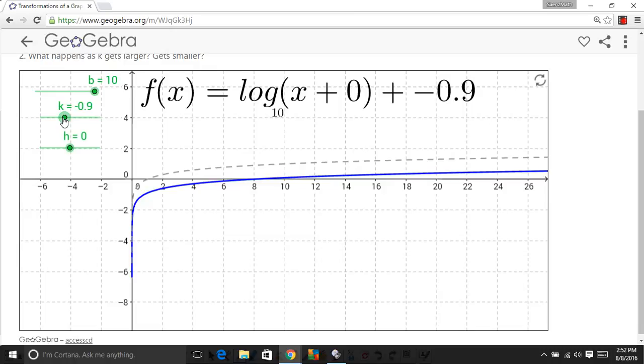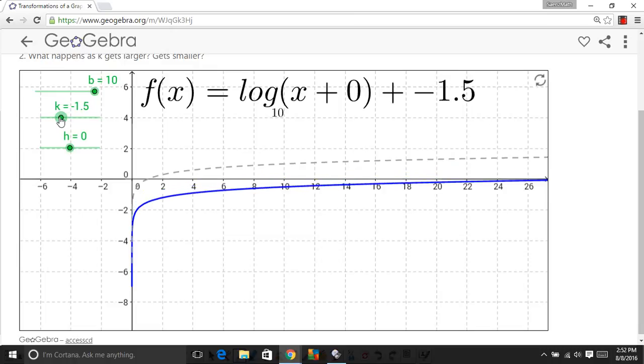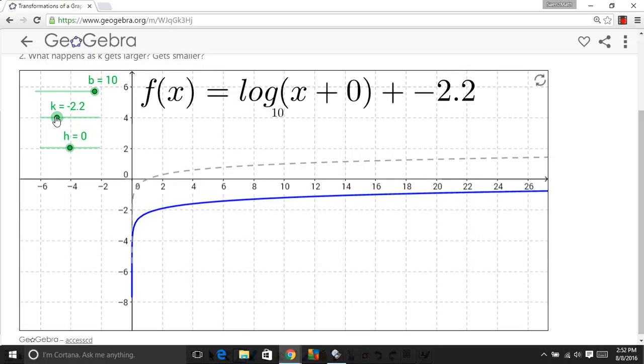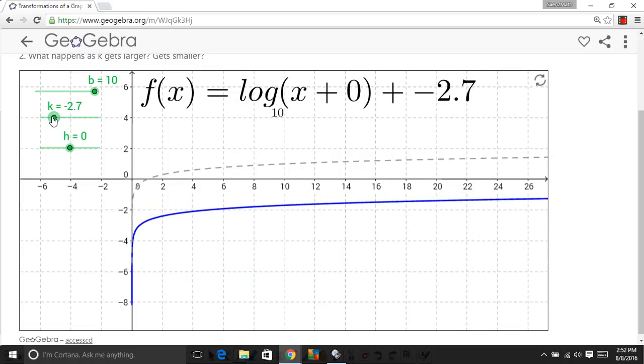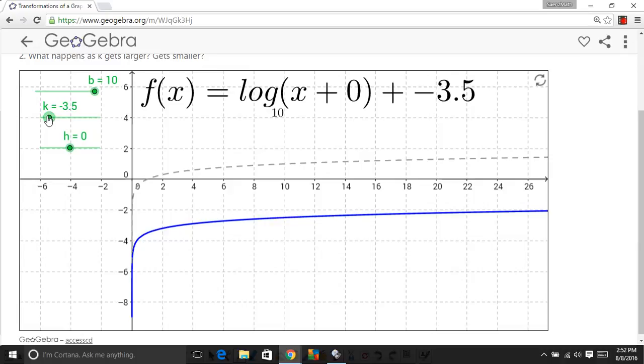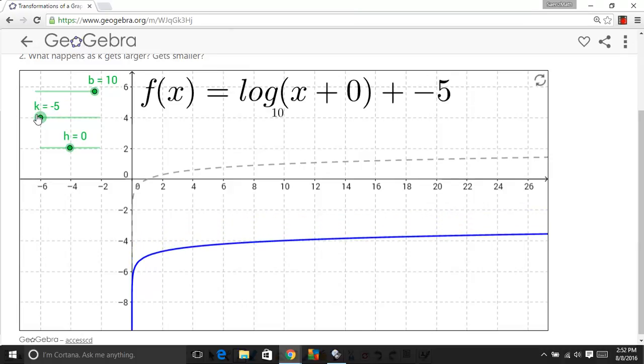Notice on the right side, outside the parentheses, those negative numbers keep increasing, which is basically saying that you're subtracting numbers. Notice that the blue graph is going downwards now. So when you add numbers outside the parentheses, you are shifting the graph upwards. When you subtract numbers outside the parentheses, you are shifting the graph downwards.